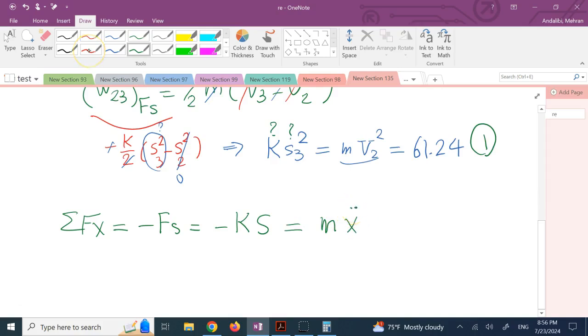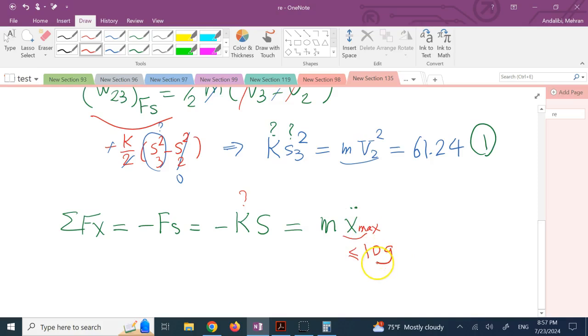Now this x double dot has a limit. It has to be less than or equal to 10 times g. Clearly you see that it's going to be negative. k is unknown, and s, let's talk about it. This is the maximum deceleration or acceleration, that is 10g.